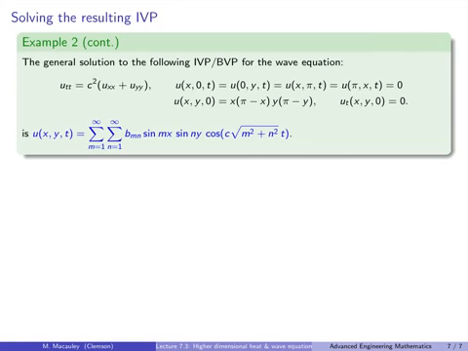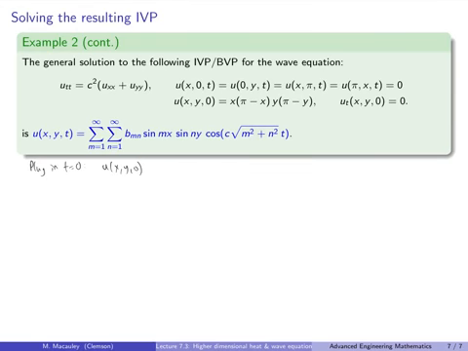Here's what we've done so far. We found the general solution to this initial and boundary value problem for the wave equation, and that's right here. I've written it here as a double sum. Okay, so now let's plug in the initial condition. So let's plug in t equals 0. Okay. U of x, y, 0, what happens?